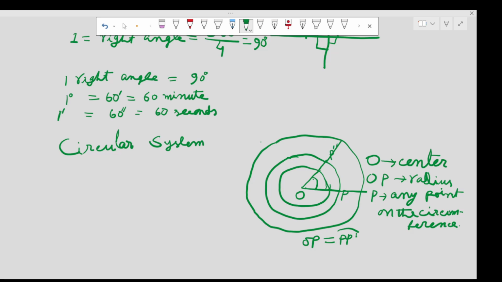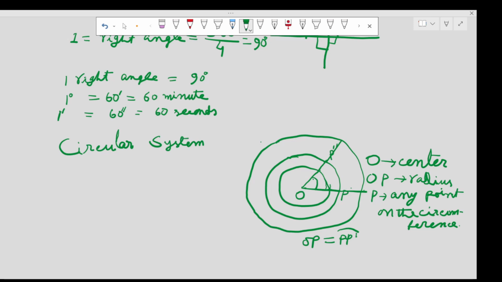Now if we measure the radius and this curve length, it will be seen that they are equal. By this way we may prove that the angle is constant when it is made by a radius and another radius whose arc length between the two radii is the same. It may also be proved physically.